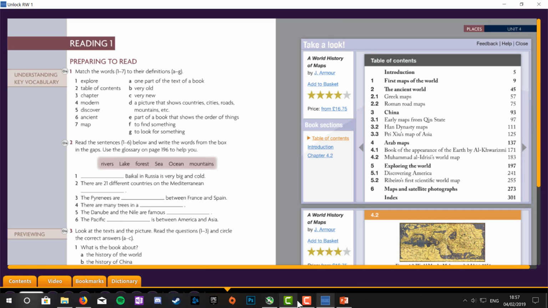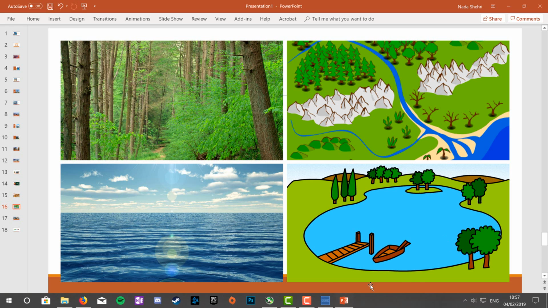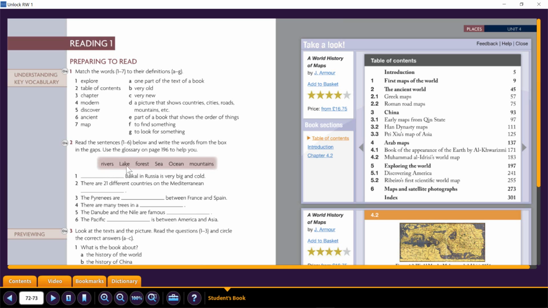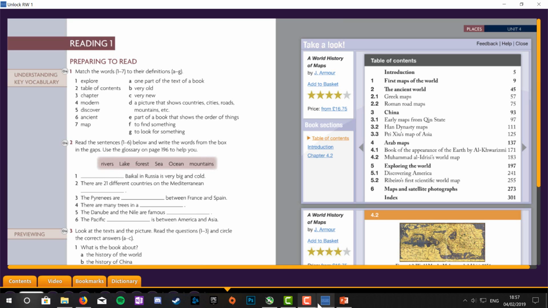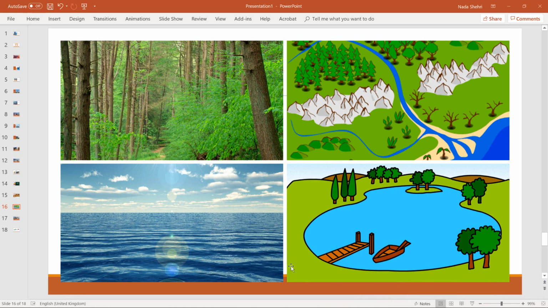So rivers are, in Arabic, we can call them anhar. What about this one, ladies? What do we call this? It is a lake. A lake in Arabic means buhayra. So this is something, we call it lake.